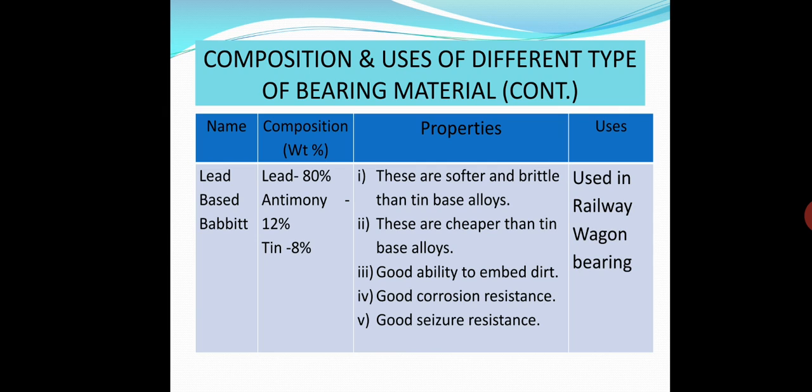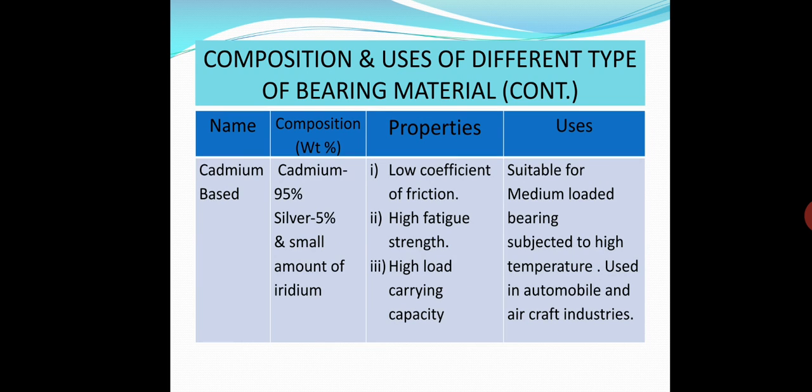Good ability to embed dirt, good corrosion resistance, good seizure resistance. The only problem is that it is softer and more brittle than tin base alloys, but it is used in railway wagon bearings because of all the other properties, and it is cheaper than tin base alloys.